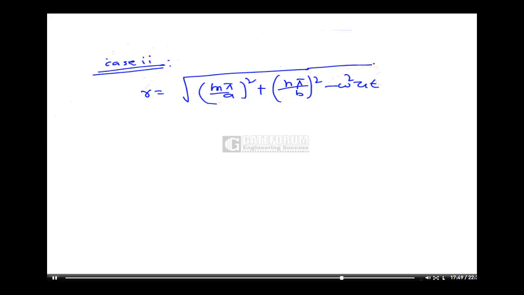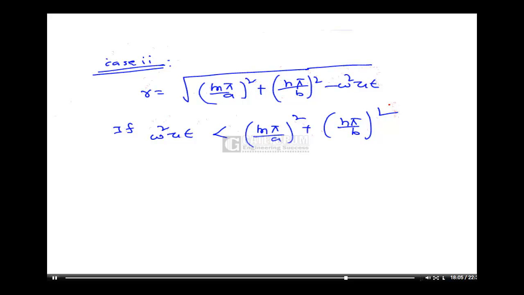Now in the second case, if omega square mu epsilon is less than (m pi by a) whole square plus (n pi by b) whole square, then obviously the gamma value is positive.